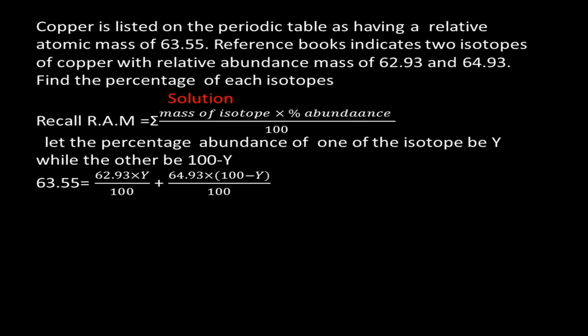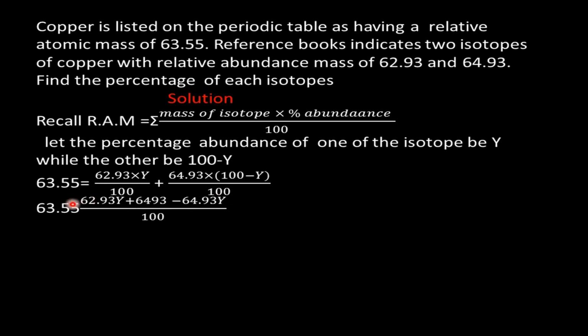So from our formula, our relative atomic mass is 63.55. So 63.55 will be equal to the first mass, that is 62.93 times percentage abundance, which is Y. So we have 62.93 times Y over 100 plus 64.93 times the second percentage abundance, 100 minus Y over 100.